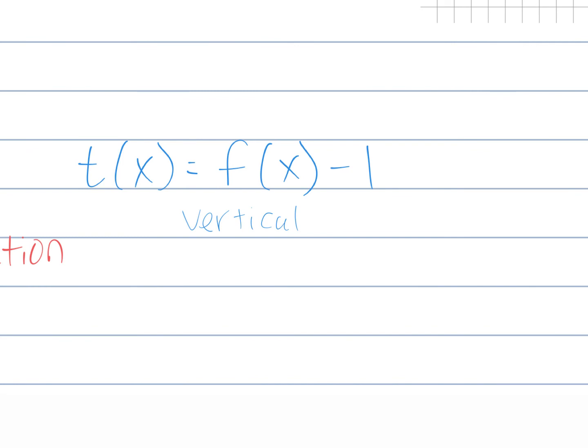We're subtracting. We are not multiplying by -1 here. That negative would need to be in front of the f or in front of the x in order to be multiplication, okay? So this is a vertical translation. Who can tell me where I'm moving and by how much? Caitlin? Let's go down 1.